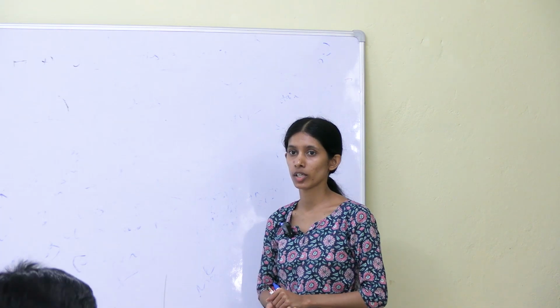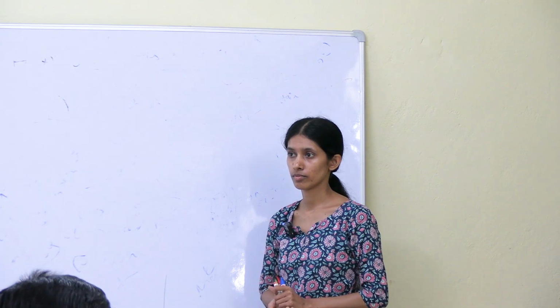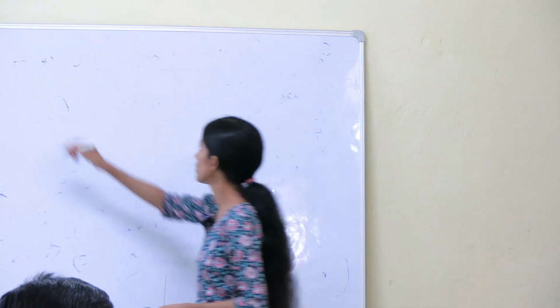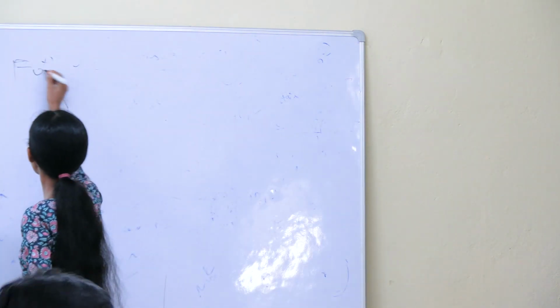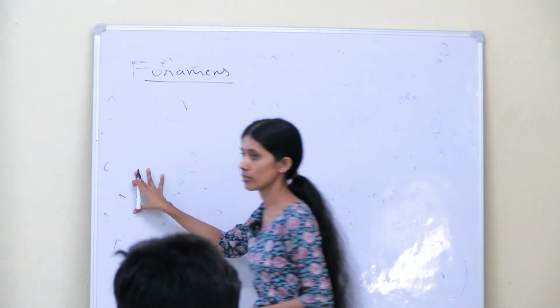Four ventricles. What are those? Okay. 4th ventricle. These are the 4. We'll discuss the foramens.